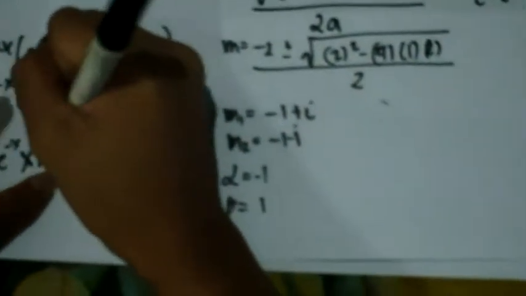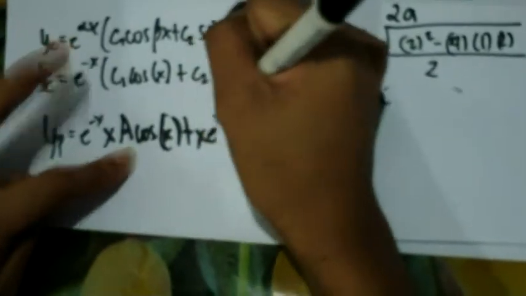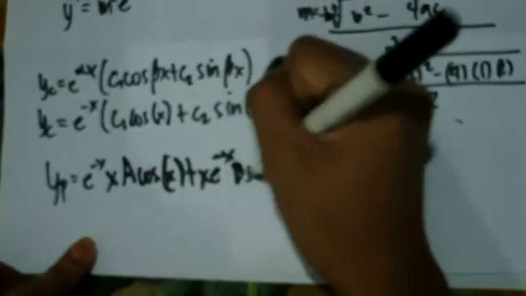From here, our tentative yp now is e raised to negative x, a cosine of x, plus x e raised to negative x, b sine of x. Since we're looking for our particular solution, and specifically this concerns undetermined coefficients, we'd set our c1 to a and our c2 to b for convenience.